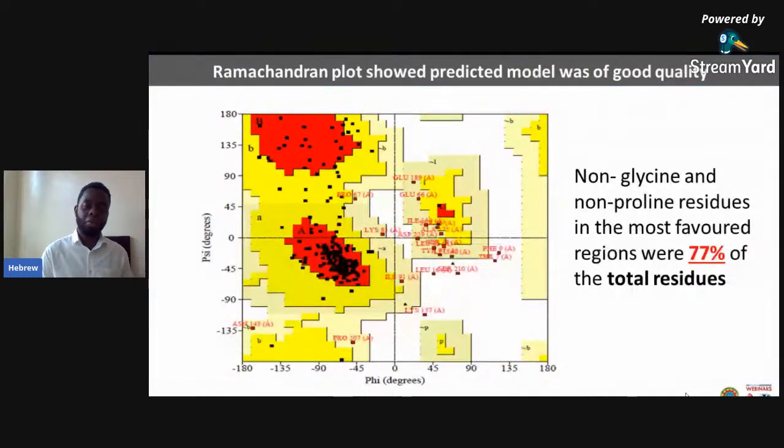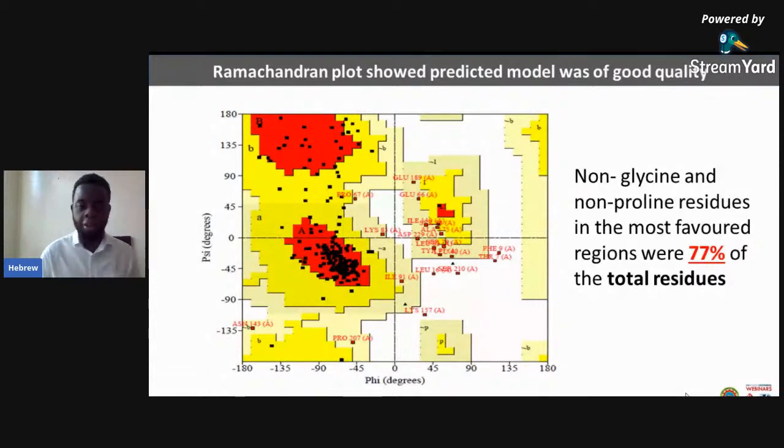So it has different statistical parameters, but just to note for this presentation is that it usually has a threshold called most favored regions, which has to be more than 80% for it to be a good model. And for us, our non-glycine and non-proline residues in the most favored regions was 77%. So 3% off the 80% threshold, meaning it was a very good quality model.